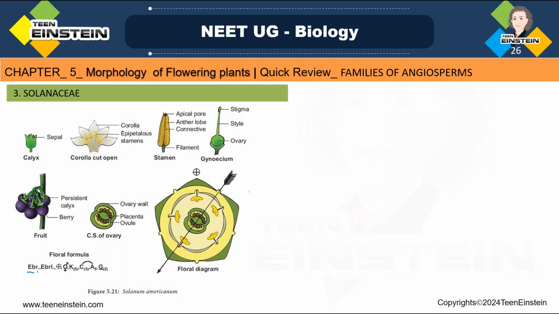This is ebracteate and actinomorphic, bisexual, then K5, here calyx 5, corolla 5, and androecium 5. And here you can see this connection. What is that?